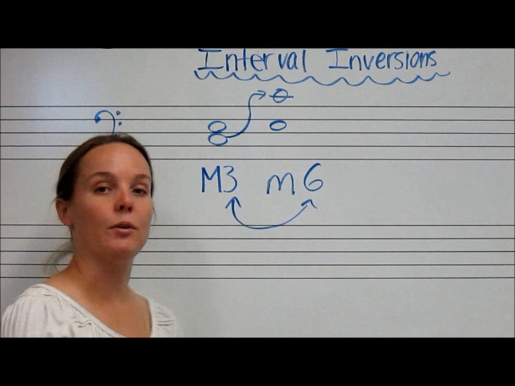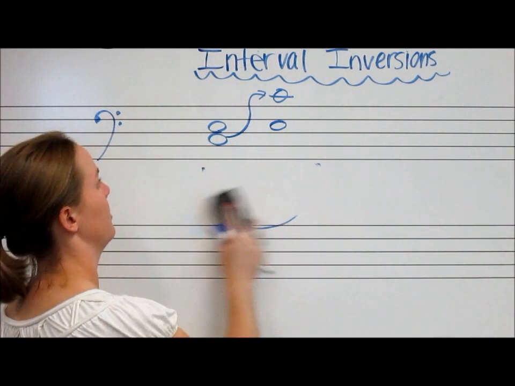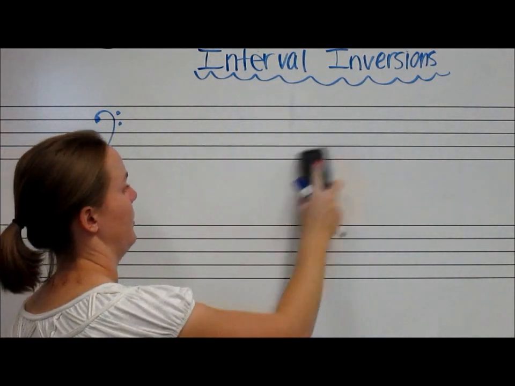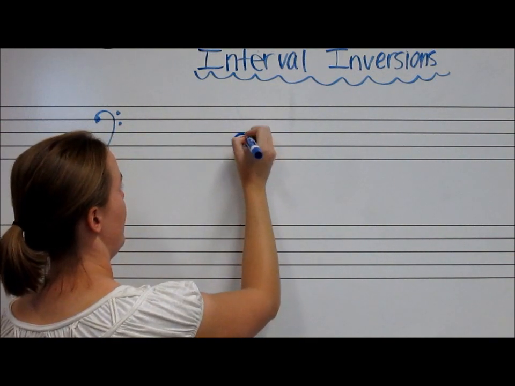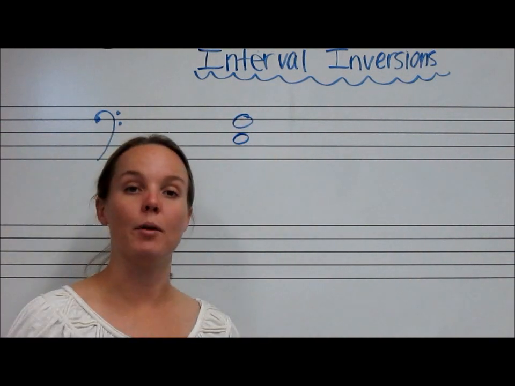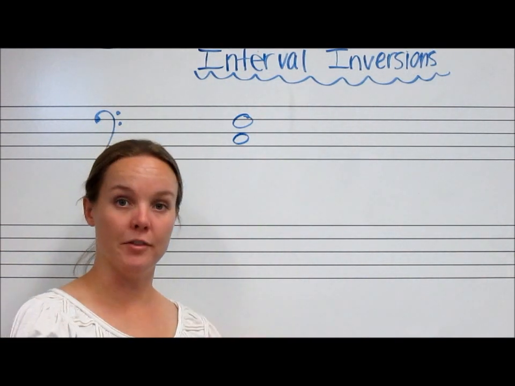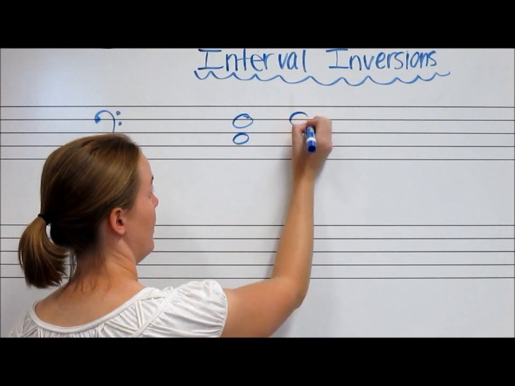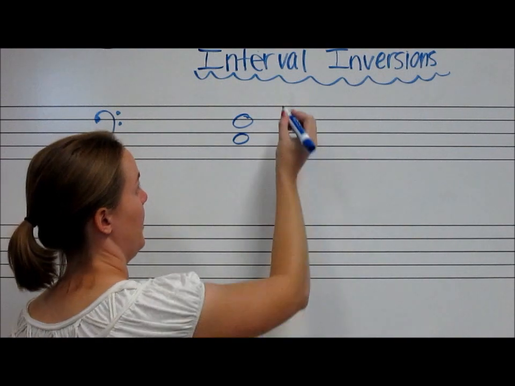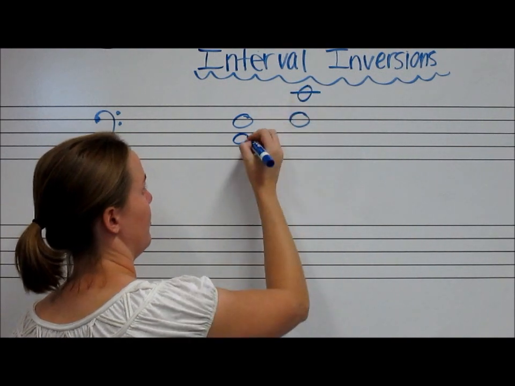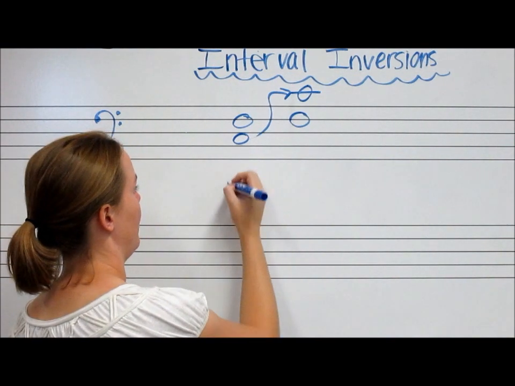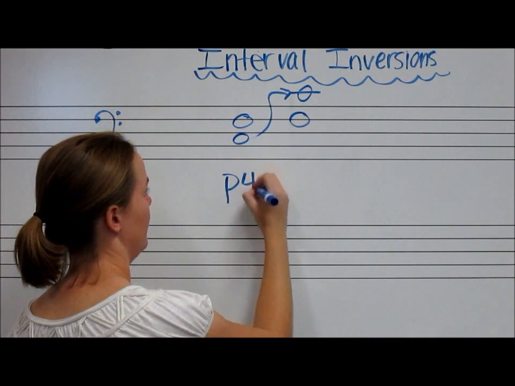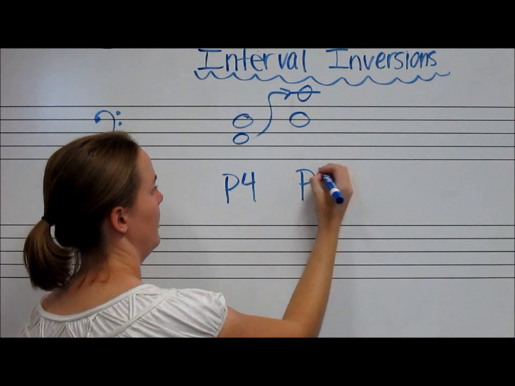All right, when you're dealing with perfect intervals, it's slightly different, but it follows some similar principles. Let's say we have our interval of a perfect fourth. If we invert this and have F on the bottom and C on the top, so we've moved C up an octave, we've gone from a perfect fourth to now a perfect fifth.